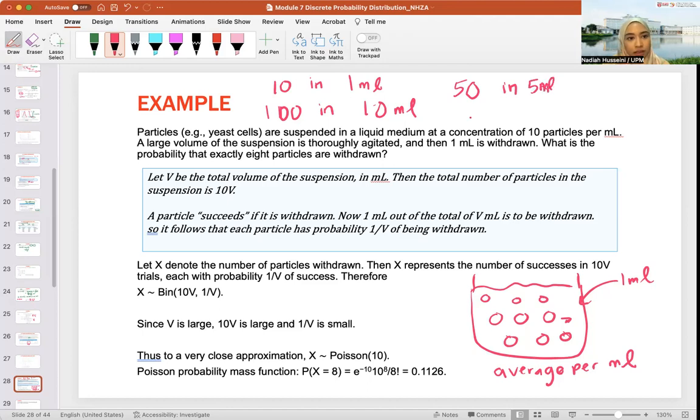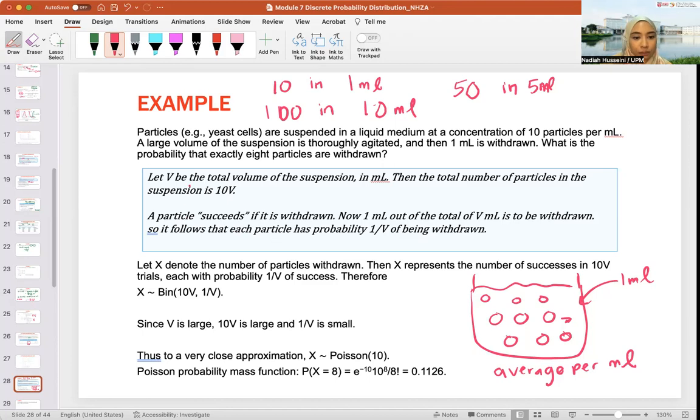Okay, what is the average number of particles per ml? The answer is on the screen. What is the average? 10, right? So 10 is your average and 10 is your mean. So it doesn't matter what volume you have, as long as the concentration is the same, the mean will always be the same. So this was the approach that they tried to apply here.